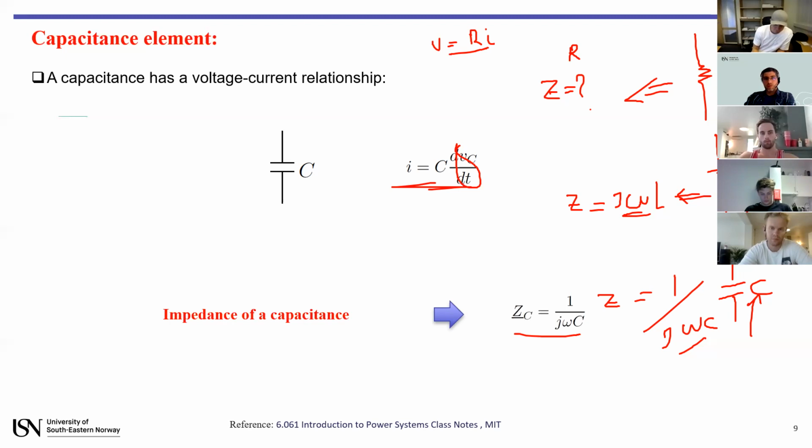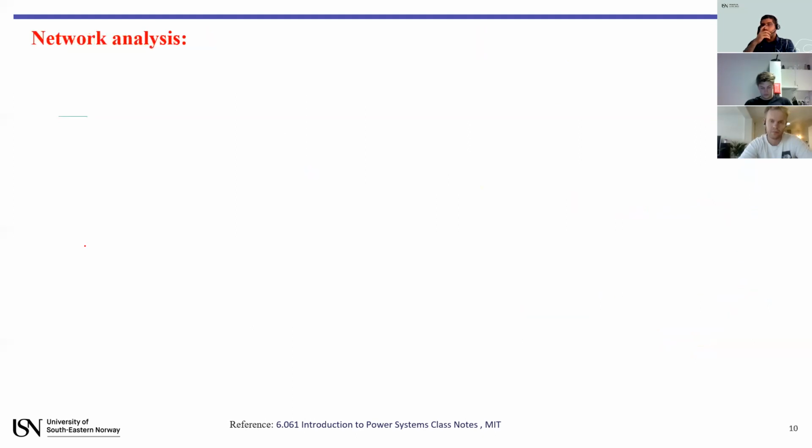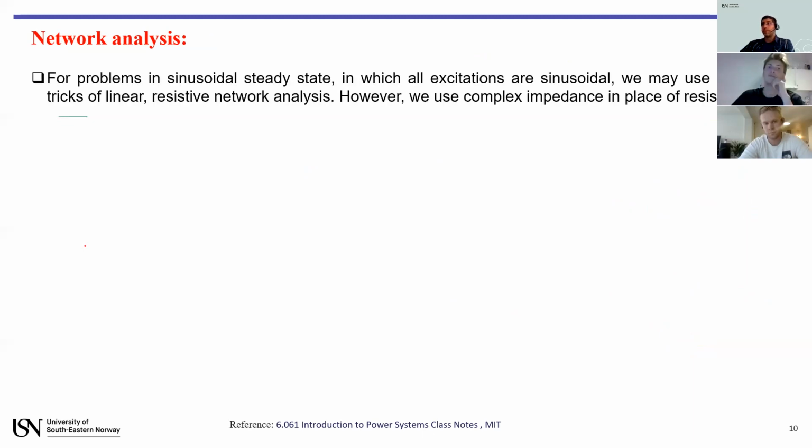Okay, that was the impedance. However, how can we use this definition in the network analysis? In the sinusoidal steady state, when you have no transient, no disturbance in the power system, all the sources, all the voltage sources or current sources, are sinusoidal.